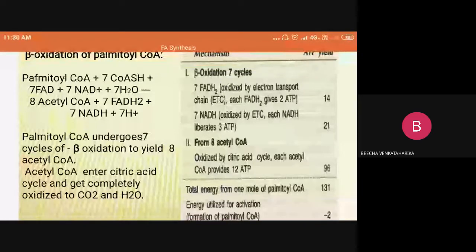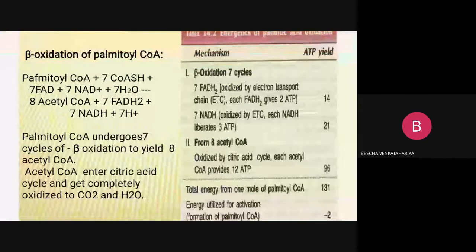Each acetyl-CoA enters the TCA cycle for its complete oxidation. How many ATPs does each TCA cycle give? 12 ATPs. Each Krebs cycle or TCA cycle produces 12 ATPs. 12 into 8 is equal to 96. Understood? So 7 FADH2 means 7 into 2 ATP, 14 ATPs. 7 NADH means 7 into 3 ATP is equal to 21 ATP.